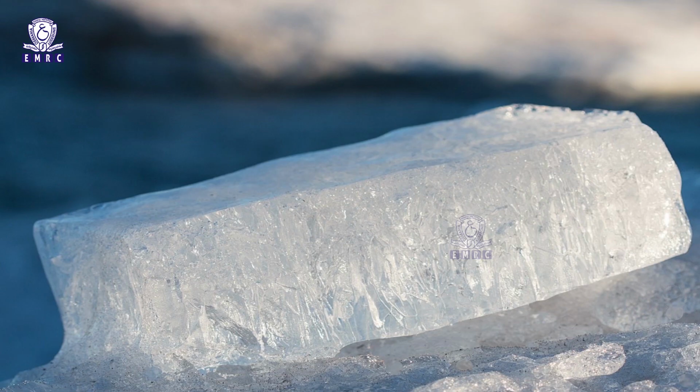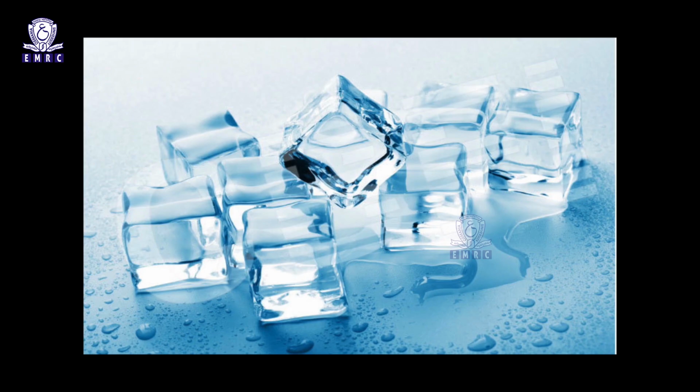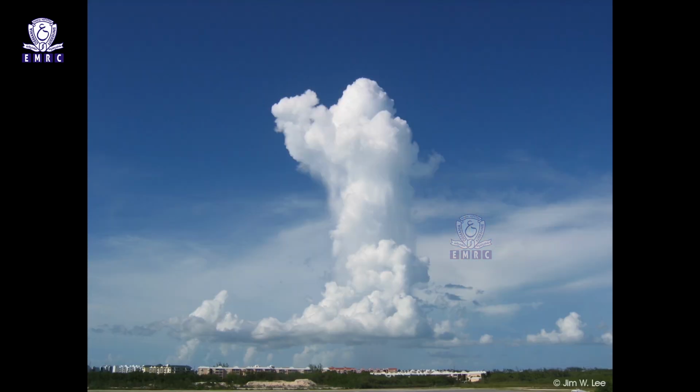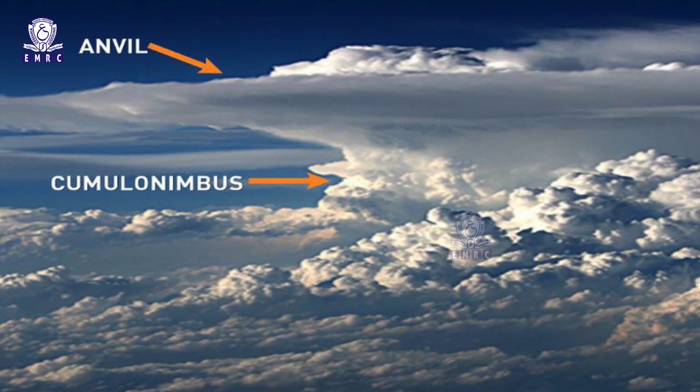The ice crystals become heavy, therefore fall, where upon falling they experience warm temperatures and melt as rainfall. This process mainly occurs in towering cumulonimbus clouds where ice crystals are mainly located around the anvil, the uppermost part of the cumulonimbus clouds, because of very low temperatures, and in temperate and mid-latitude regions where temperatures are low.